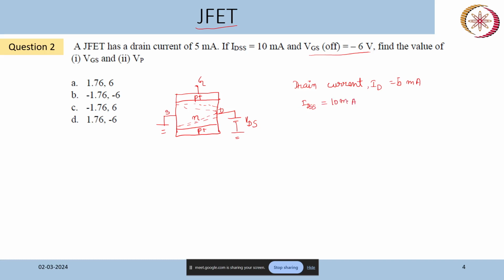IDSS is the current when VGS equals 0. When no voltage is applied to the gate terminal, the width of the depletion region on both sides will be minimum, and the current that will be flowing is written as IDSS, and it is given as 10 milliampere.